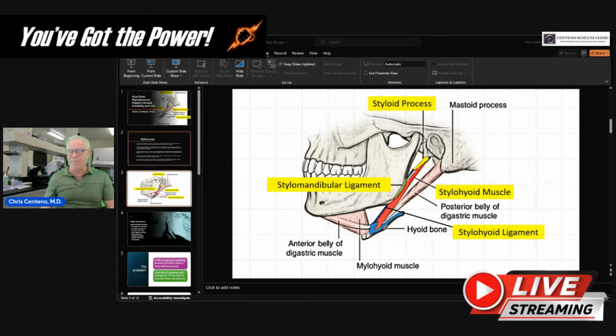So that's the problem. And the other problem is that you've got Eagle syndrome symptoms in here, and then you've got craniocervical instability symptoms over here, and there's a huge overlap between those two. So it's hard to tell the difference between these two just based on symptoms.